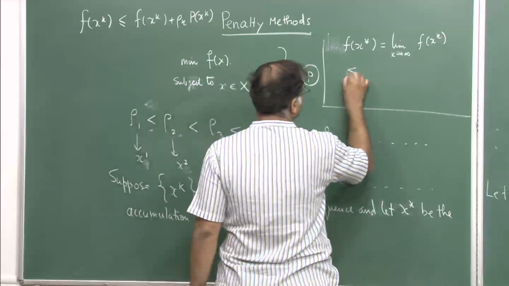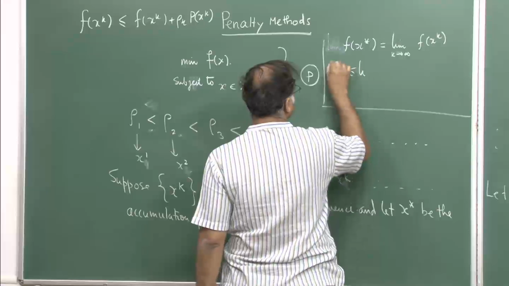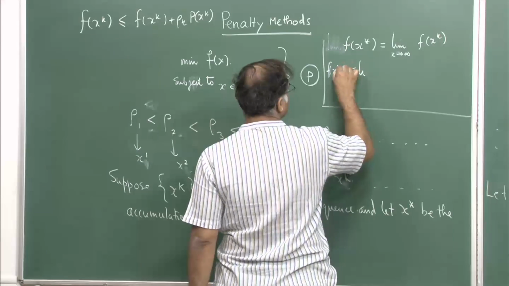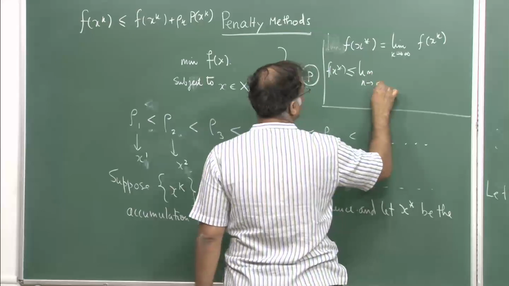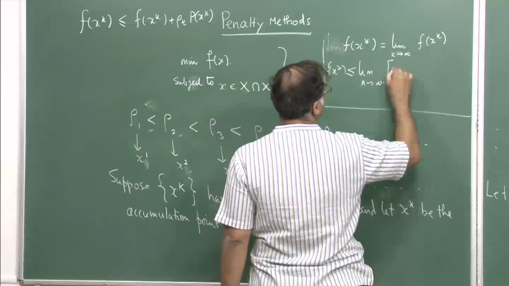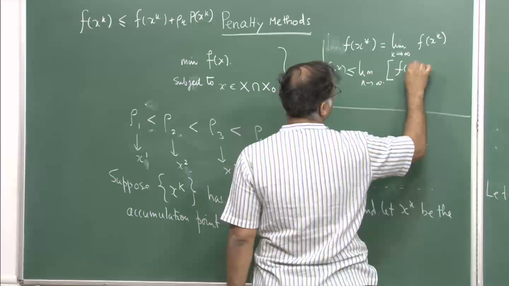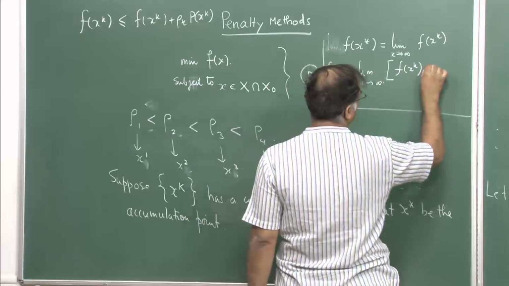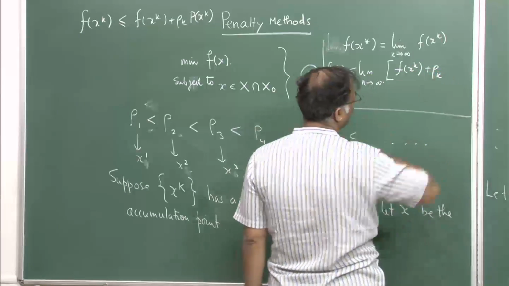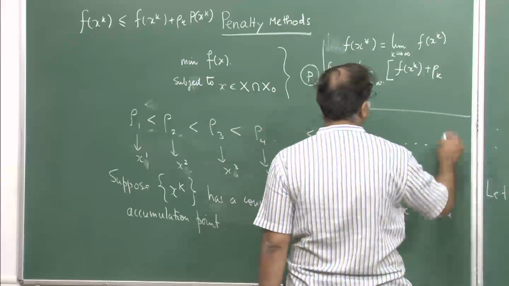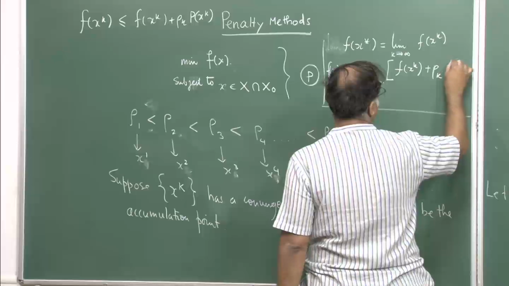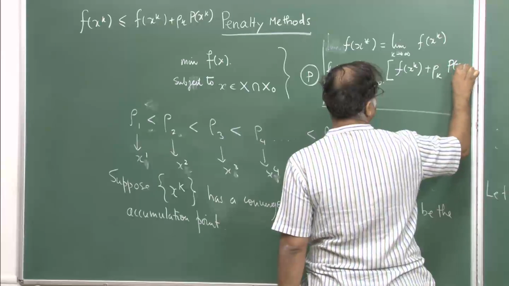So, which means f of x star is less than or equal to the limit as k tends to infinity of f of x k plus rho k p of x k.